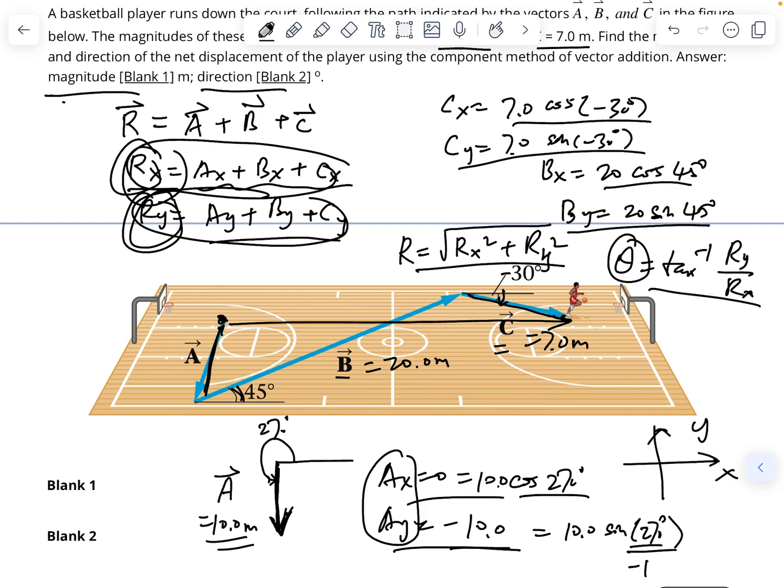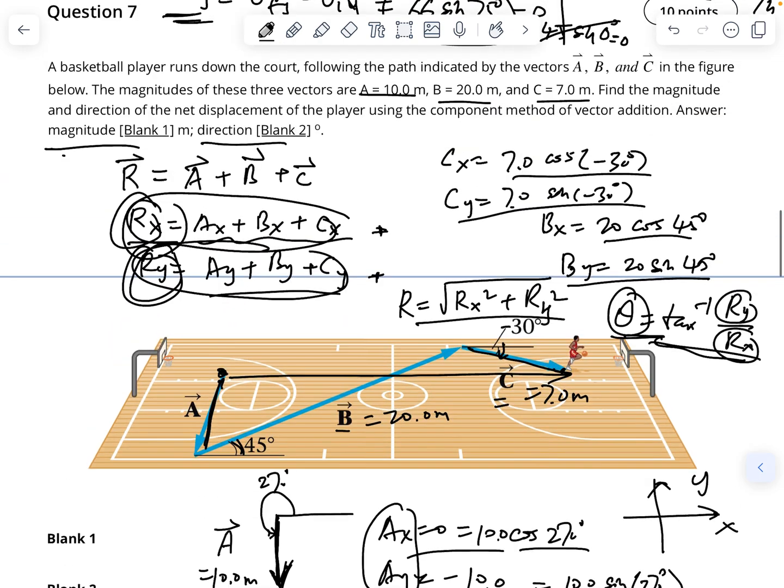Compare, find what is the sign of Rx, Ry. It turns out both signs will be positive, so you will end up in the first quadrant. So whatever angle you get here is the right angle. Okay, so this is number 7.